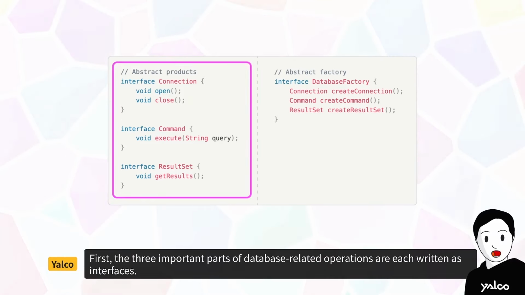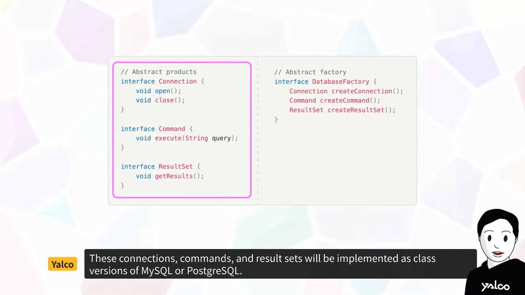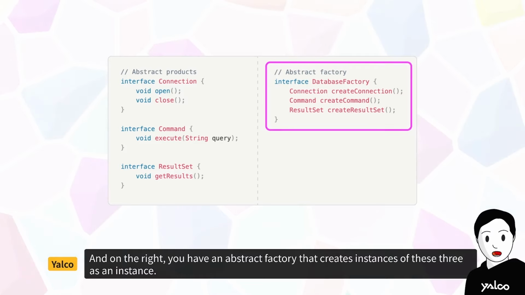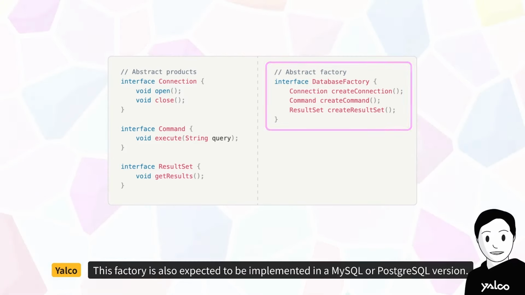First, the three important parts of database-related operations are each written as interfaces. These connections, commands, and result sets will be implemented as class versions of MySQL or PostgreSQL, and on the right you have an abstract factory that creates instances of these three. This factory is also expected to be implemented in a MySQL or PostgreSQL version.